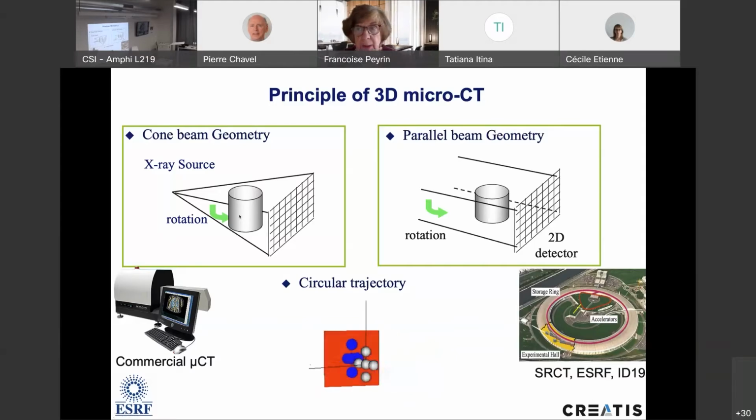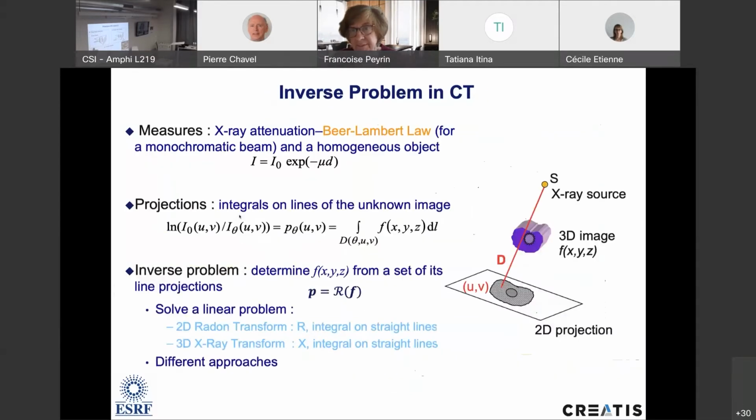So in CT, we don't directly obtain the image because we measure a set of attenuation measurements, and we have then to solve what is called an inverse problem to get the image.